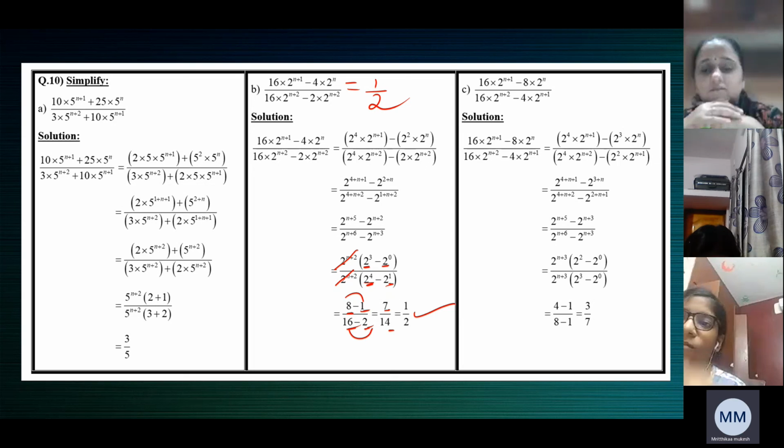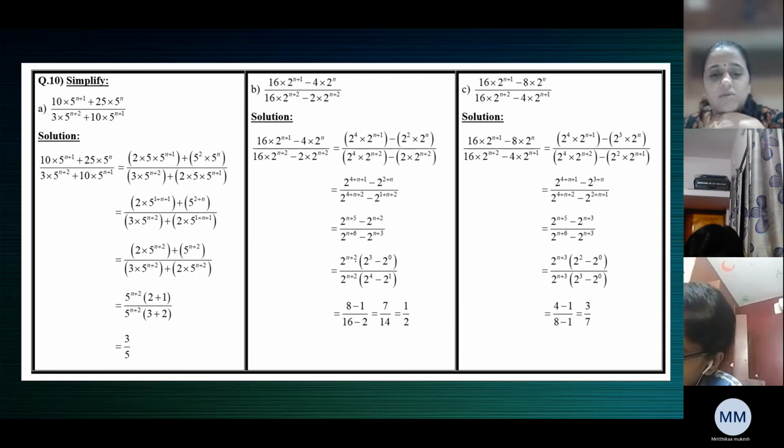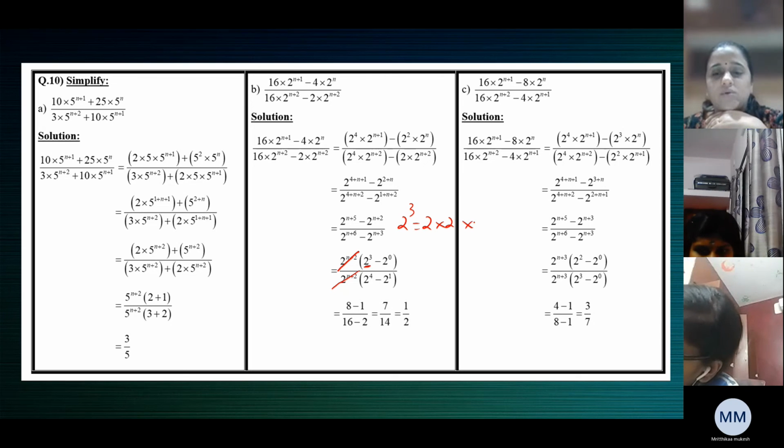Excuse me, ma'am. Can you repeat the step? How it converted into 8 minus 1 by 16 minus 2? Yeah, darling, sure. So this gets cancelled, right? In the numerator, 2 to the power n plus 2 in the numerator and denominator gets cancelled, right? Yes, ma'am. Okay. Now what is 2 cubed? 2 cubed means 2 into 2 into 2. Yes, ma'am, 4 2s are 8.